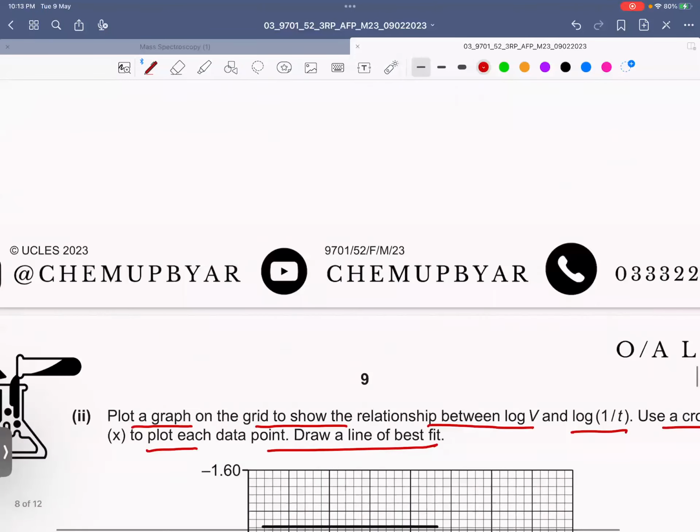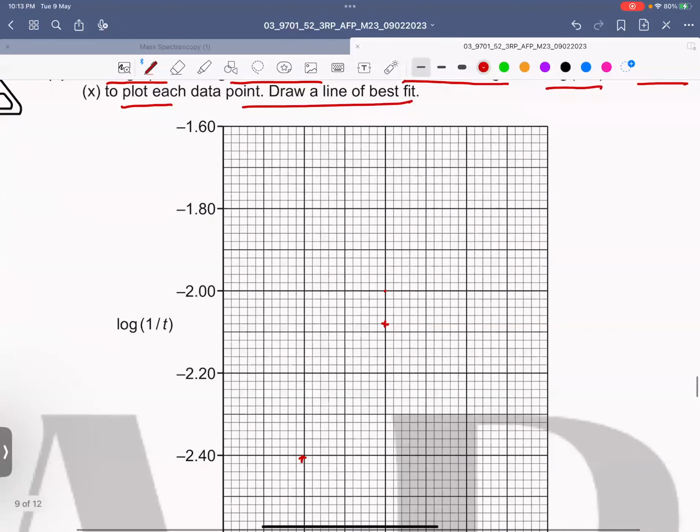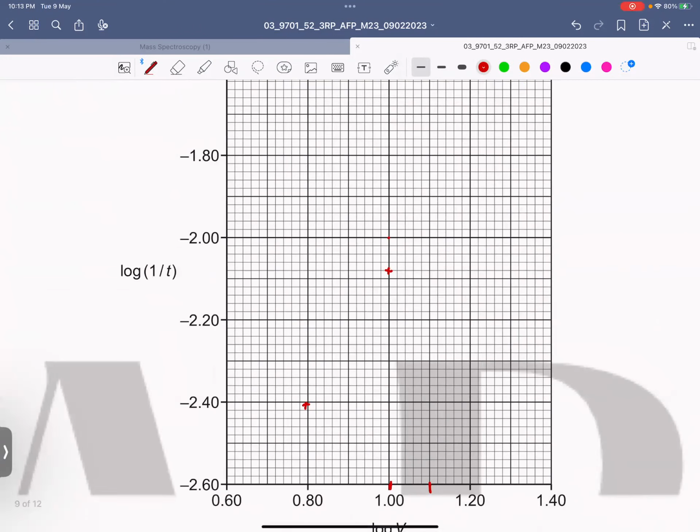Then 1.1 and minus 2.05, which would be over here.